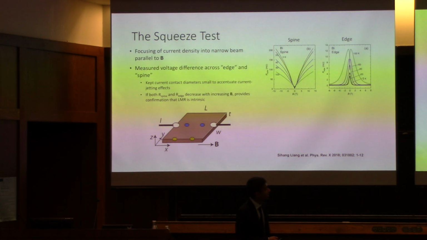So over here, we see the LMR profile of crystalline bismuth as we found in the literature. Over here in the resistance across the spine, we see a V shape in which the resistance decreases and then increases as field increases in magnitude. However, on the edge, we see a different pattern. We see a classic hat shape.